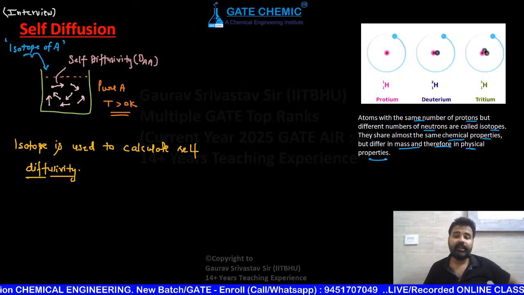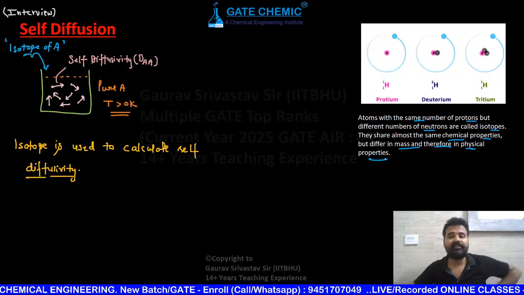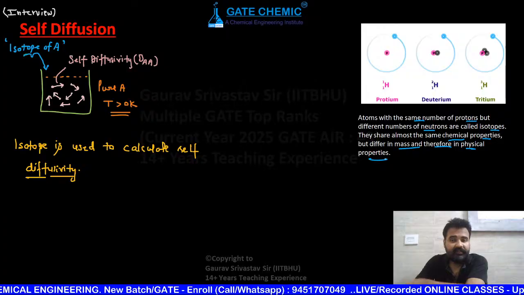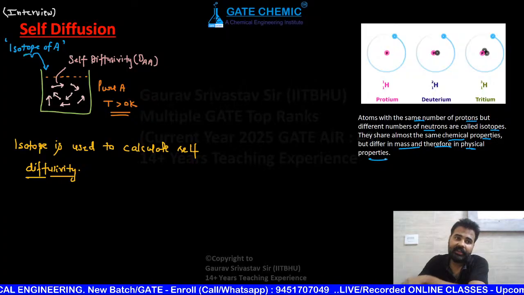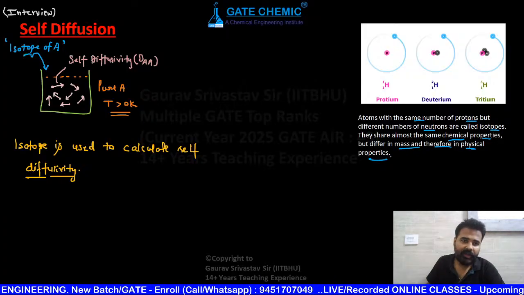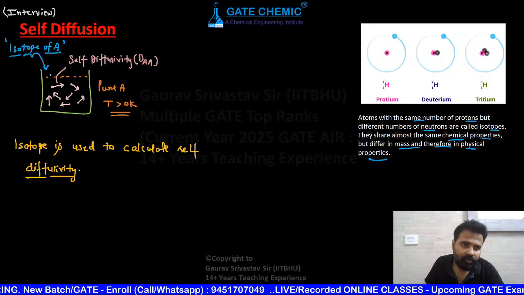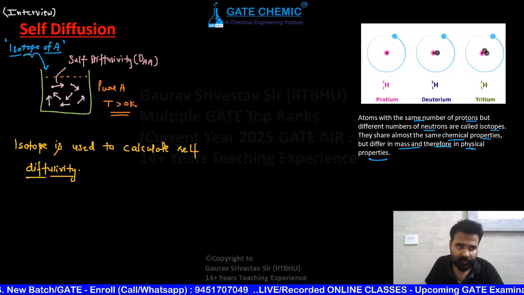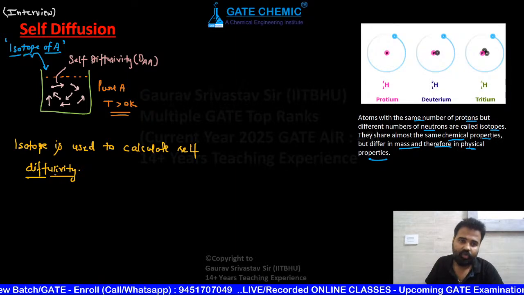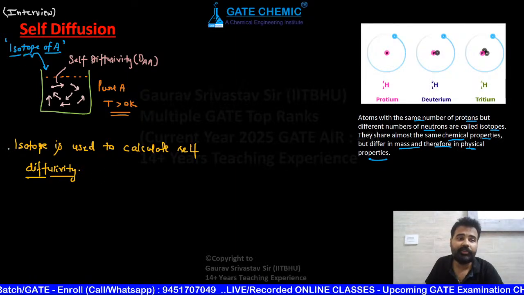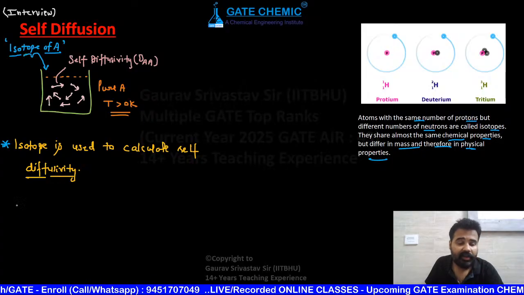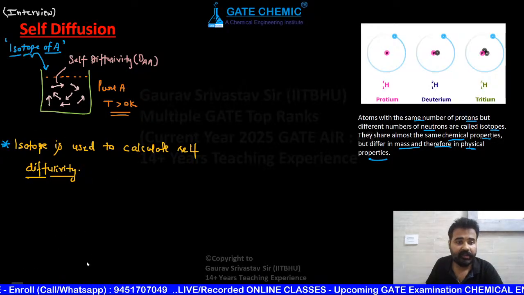So उनके केमिकल प्रॉपर्टीज लगभग सेम होते हैं. इसके वजह से, if you want to calculate the self diffusivity of A, then you have to take pure A and now you are going to drop some isotope of A there. So isotope is used to calculate self diffusivity. Very important line, already asked in PSU examination. ये वाला आपका पूछा हुआ लाइन है, ठीक है.